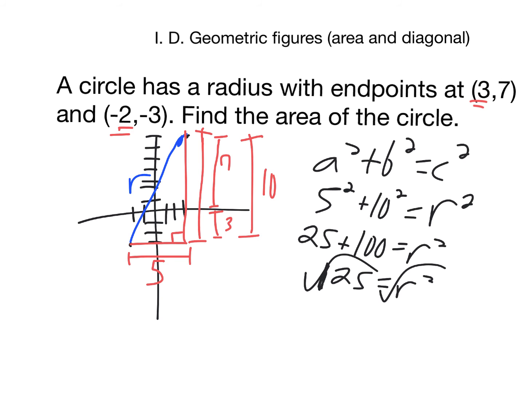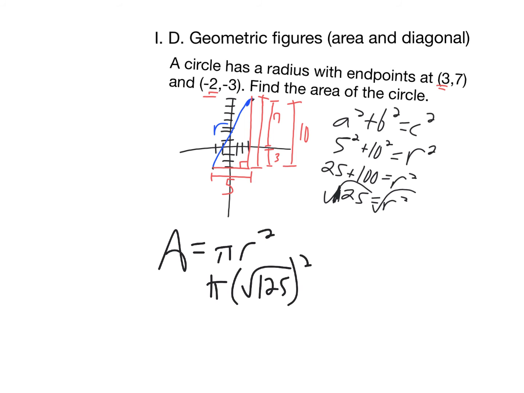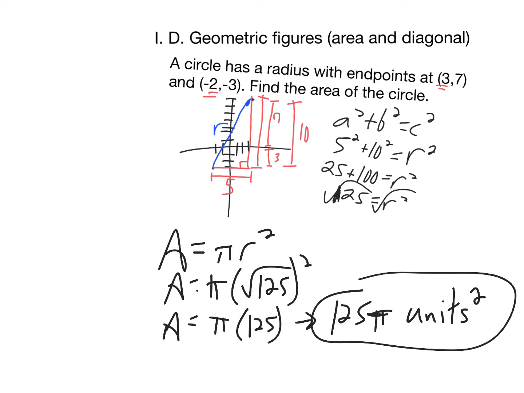So the radius would be the square root of 125, and then the area of a circle is pi r squared. So pi times the square root of 125, squared. Basically the square root and the square cancel out, so that would be pi times 125, or 125 pi square units, which is the format they listed their answers in.